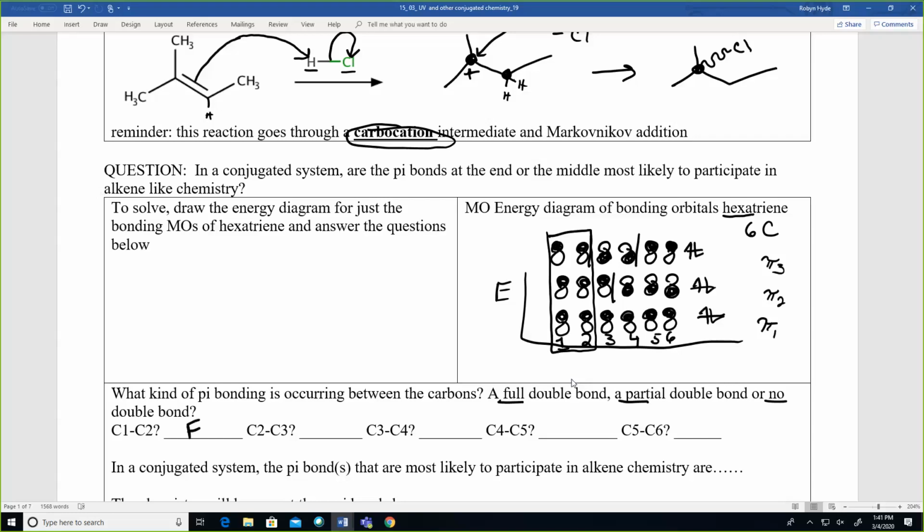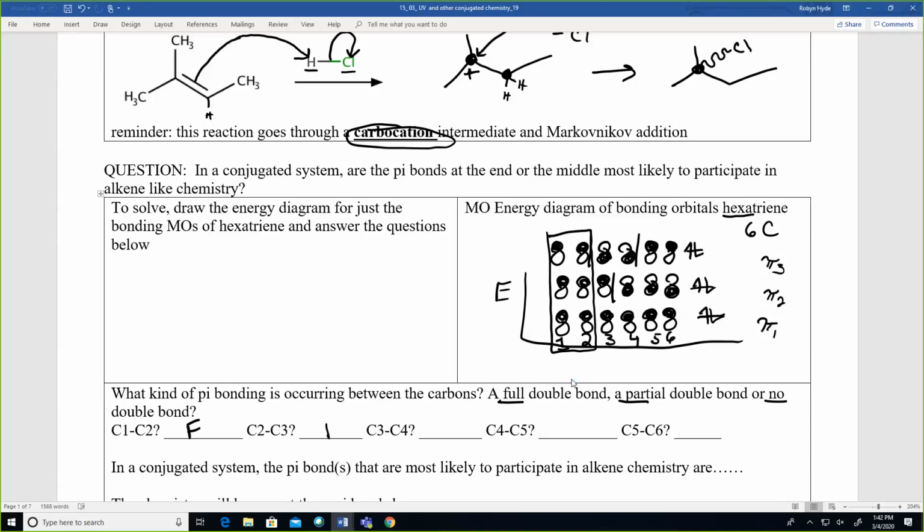Okay, carbon 2 to carbon 3. What does it look like? Yeah, I do have a node in pi 3, don't I, between carbon 2 and carbon 3? And so how would you rank that? Full, partial, or no double bond? One of the pictures has a node, so Aurora, exactly right, partial. Yeah, so I have partial double bond.